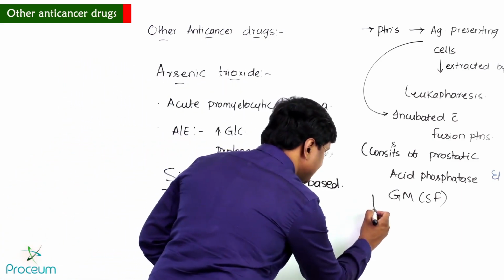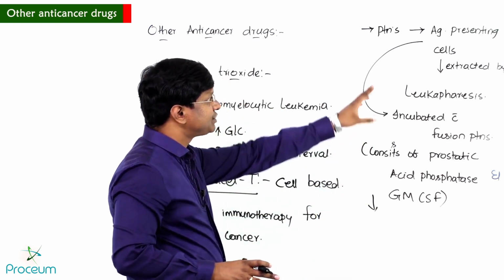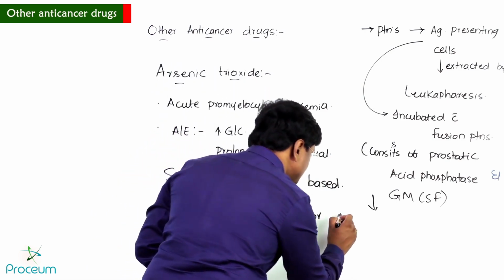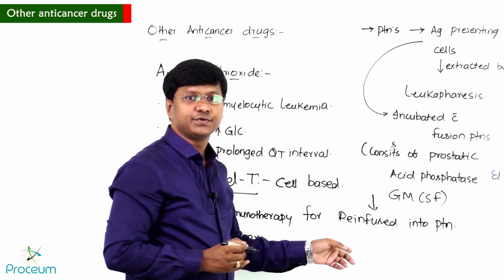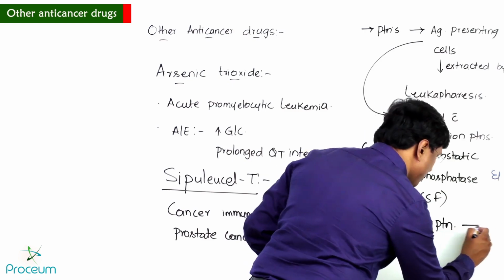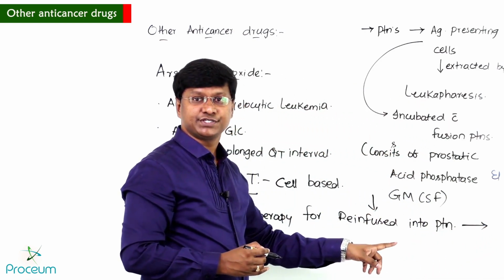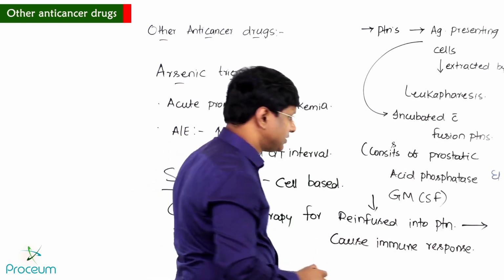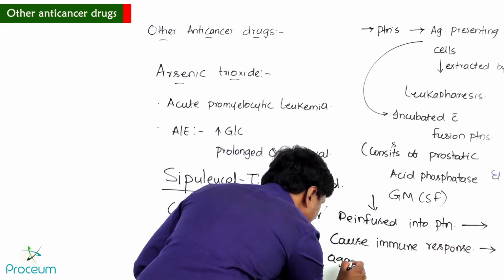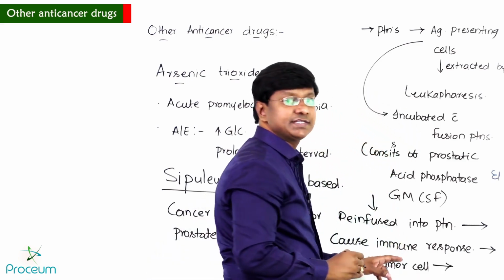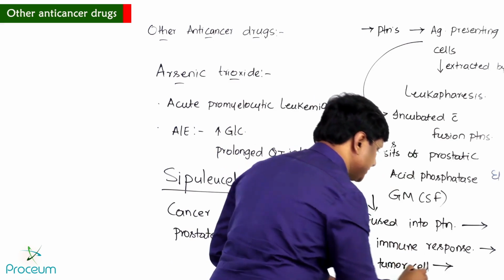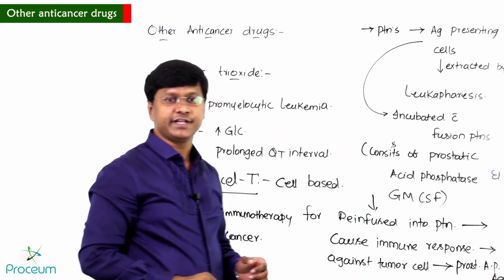So this combination, the fusion protein and the antigen presenting cells, is reinfused into the patient. Once reinfused, this can cause an immune response against the tumor cells carrying the prostatic acid phosphatase antigen.